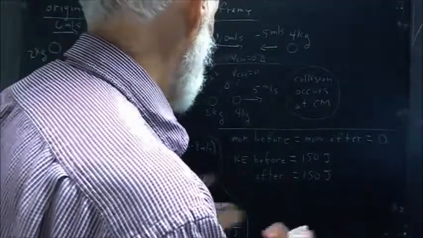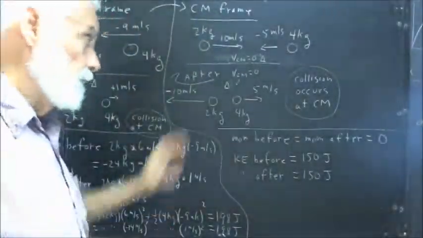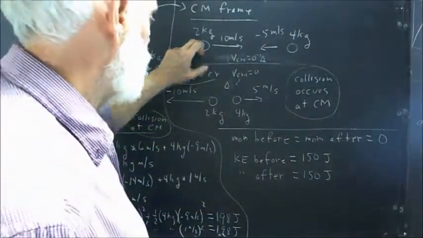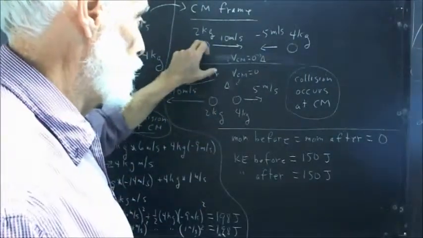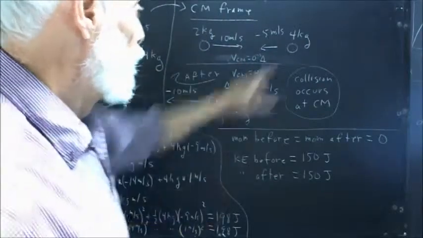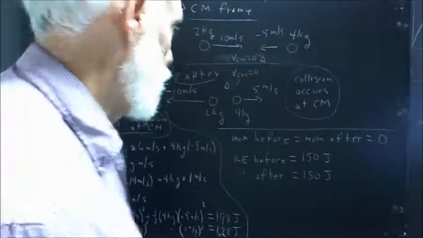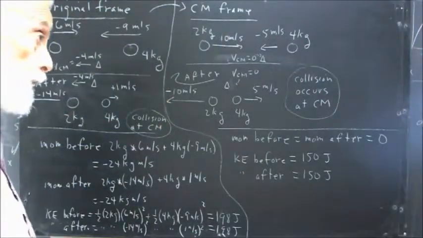And of course, when you square, you get a positive, so the sign doesn't make any difference. So this object has exactly the same kinetic energy after as it did before in the center of mass frame. This object has exactly the same kinetic energy after as before, again in the center of mass frame.